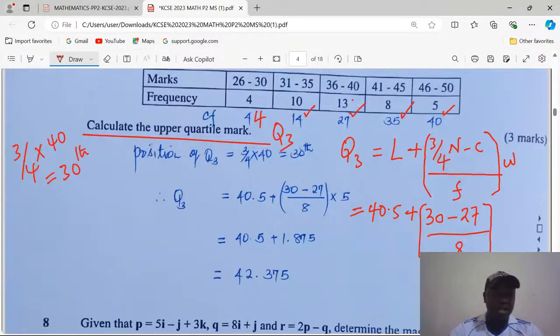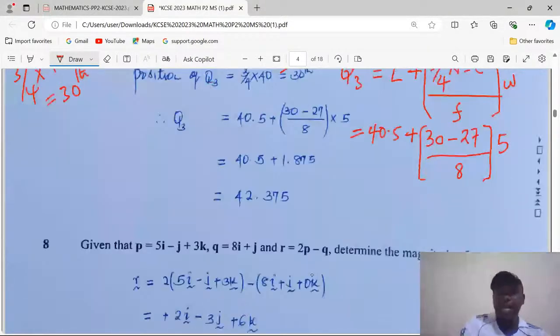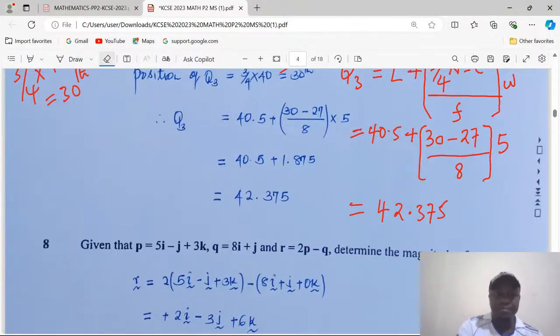The class is from 41 to 45, the lower boundary is 40.5, the upper boundary 45.5, so we are getting 5 as the class width. Then we compute the upper quartile, and we will find 42.375. That is the mark which will be called the upper quartile.